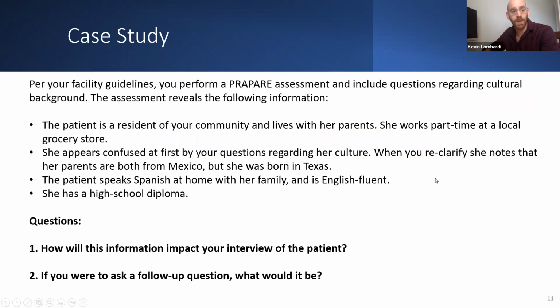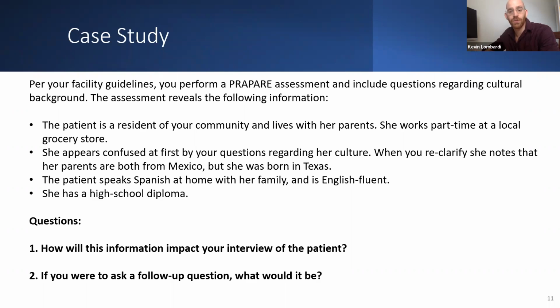Okay, so this is the same patient. Next step. Per your facility guidelines, you perform an assessment and include questions regarding cultural background. The assessment reveals the following information. The patient is a resident of your community and lives with her parents. She works part-time at a local grocery store.